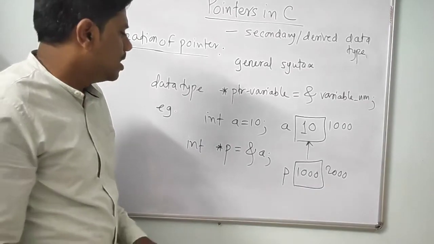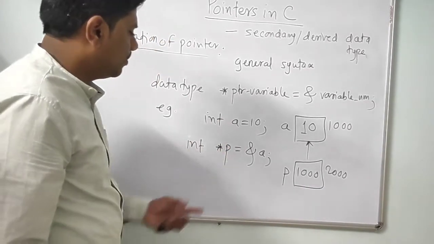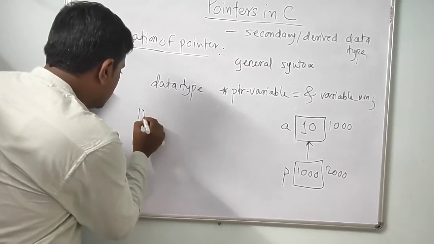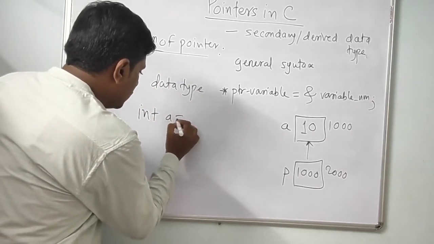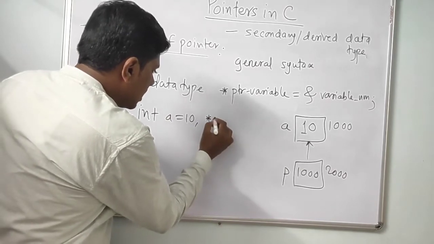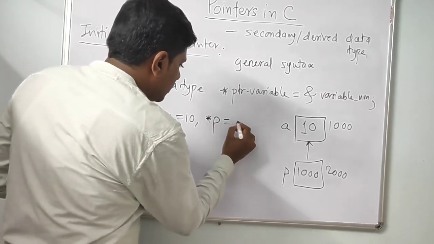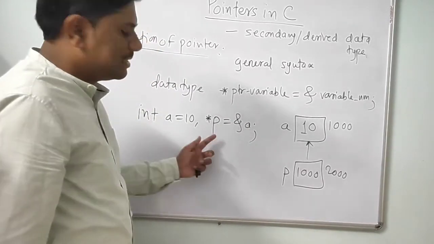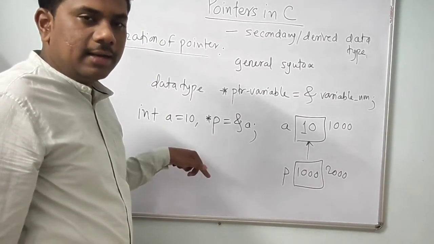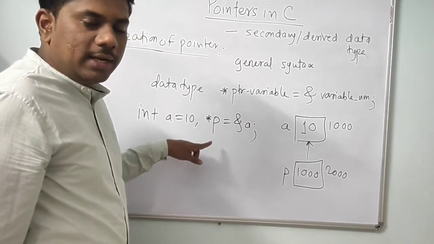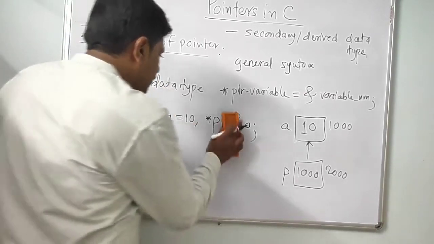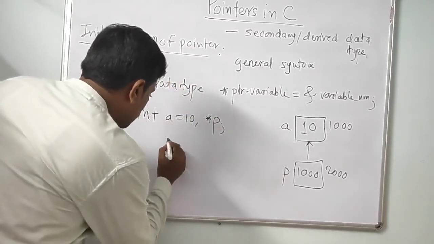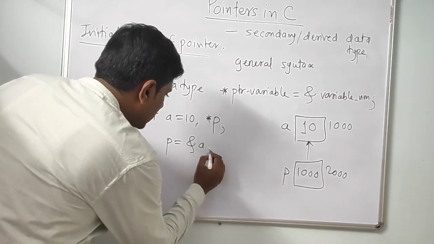Now you can also combine these two statements like this. See, int a equal to 10, comma star p equal to and a. This is also valid. On a single line you can declare a variable, you can declare p as well as initialize p, or you can also do this thing. On a new line you can initialize p.